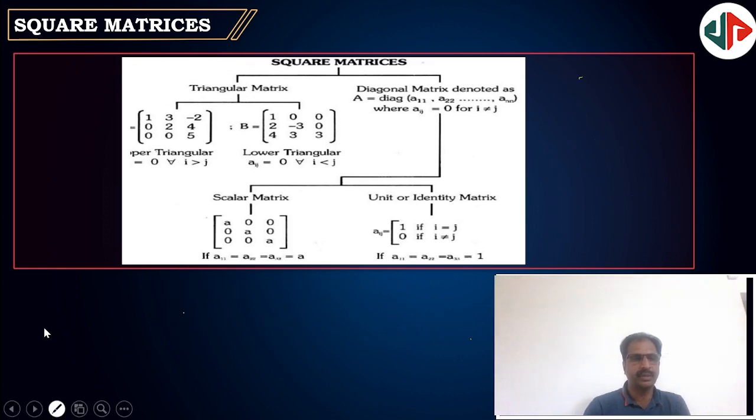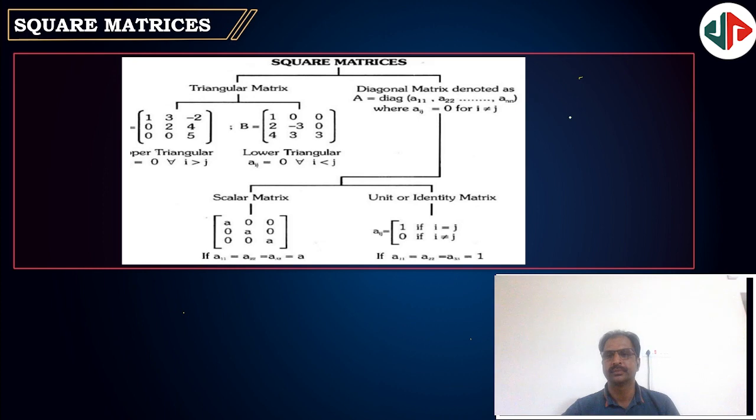What is principal diagonal of a matrix? Principal diagonal is defined only for a square matrix. The elements which have same row number and column number. For example, if you look at this element, this is the element present in first row, first column. This is present in second row, second column. This is present in third row, third column.